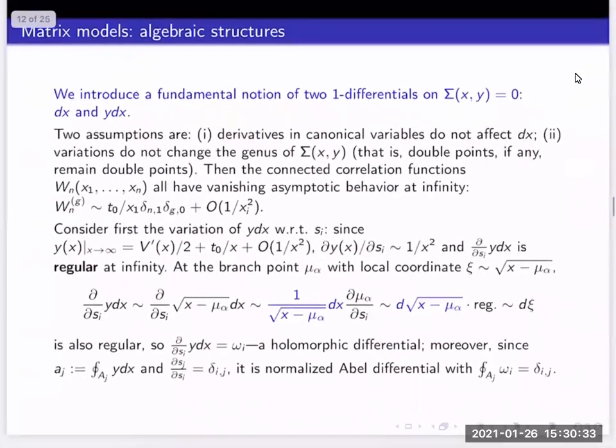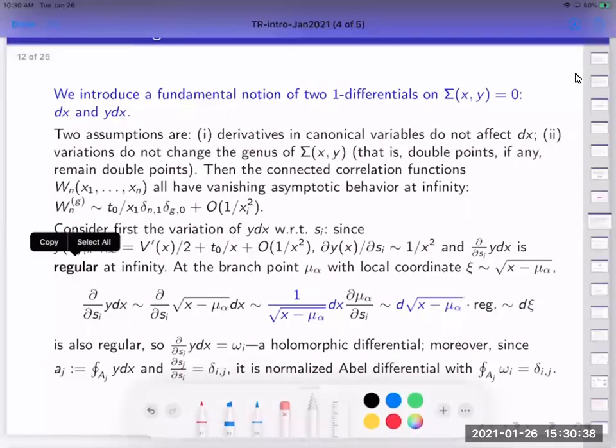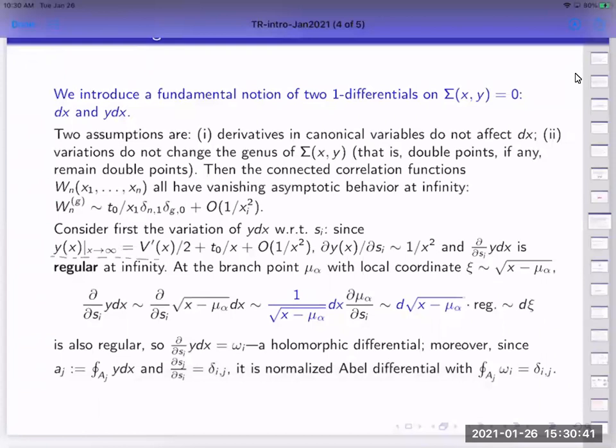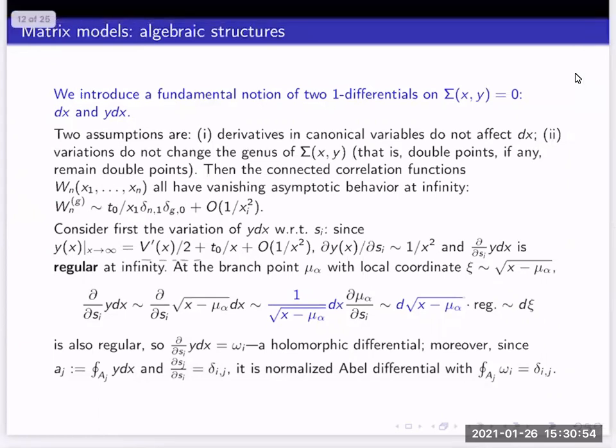So let's consider first this variation. You see that since this function has this asymptotic expansion when x goes to infinity, if I impose the condition that the times of the potential and t_0, the scaled total filling fraction or total number of eigenvalues, are independent, then when I do the variation both these parts disappear, and what remains is a regular part.